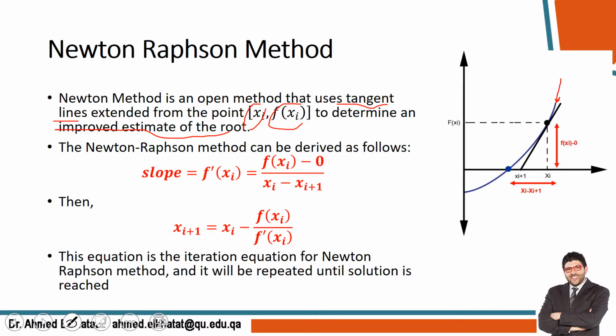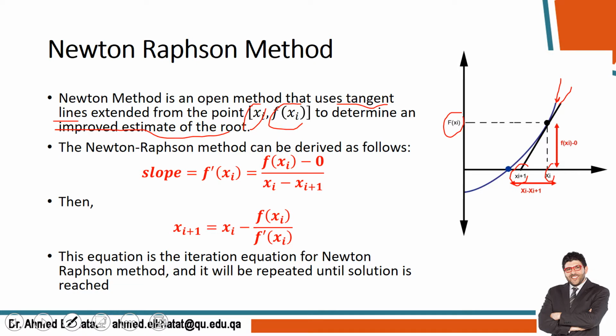Now I have 2 points of this tangent: f of x at xi, and xi plus 1, which cuts the x-axis.